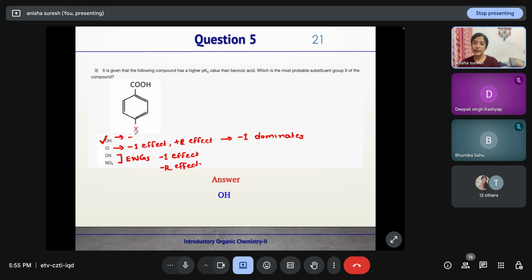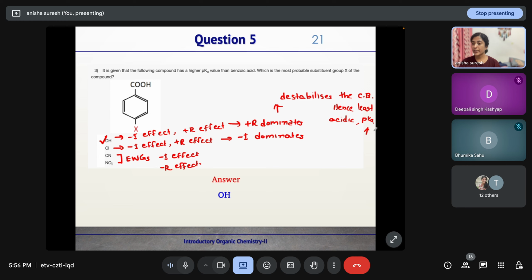And here minus I effect, plus R effect, here plus R effect dominates. Because of that, it destabilizes the conjugate base, hence least acidic, pK value will be more. Okay. Clear, right? Yes, ma'am.